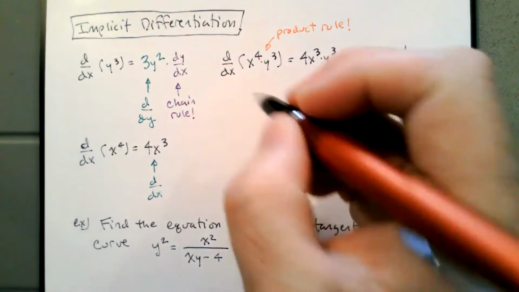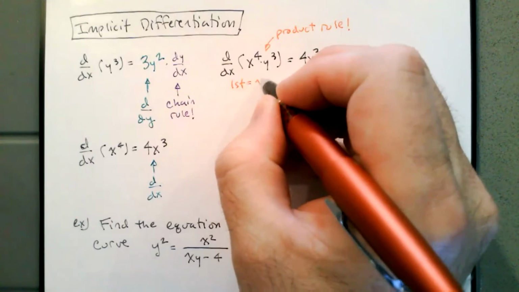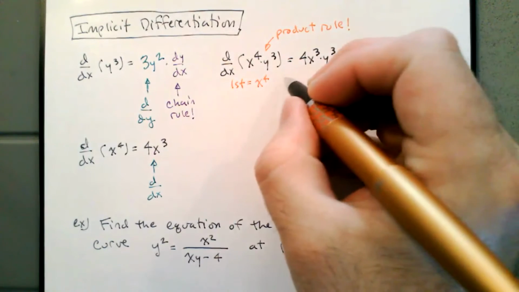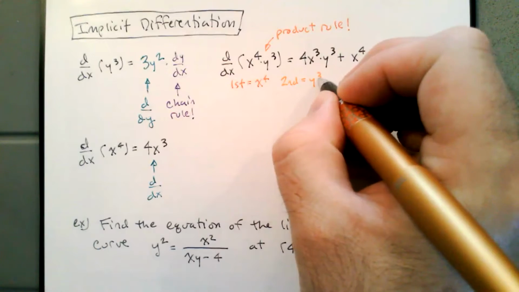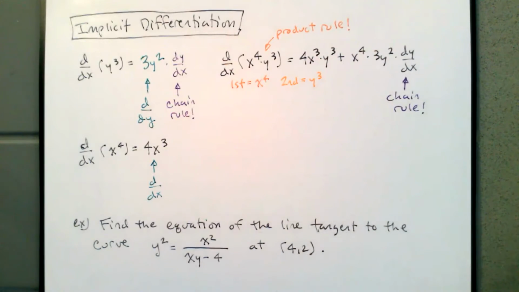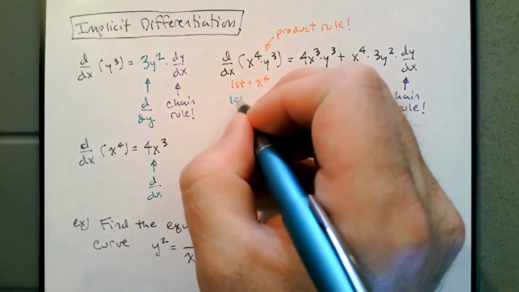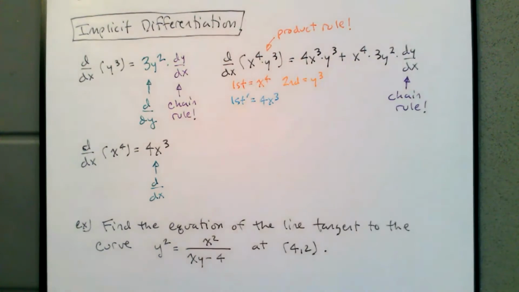In this case, the first is x to the fourth, and the second is y to the third. The derivative of the first is just 4x to the third. We're trying to find the derivative with respect to x. So the derivative of the first, when we write 4x to the third, that's the derivative with respect to x.